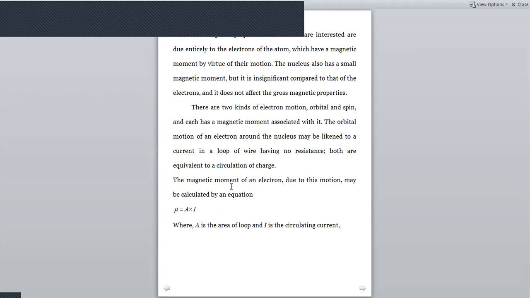But due to their internal structure and internal arrangement of the atoms, this material sometimes shows magnetism or not. Some materials become diamagnetic, some ferromagnetic, and some paramagnetic. And this is due to the internal atomic arrangement of the magnet.